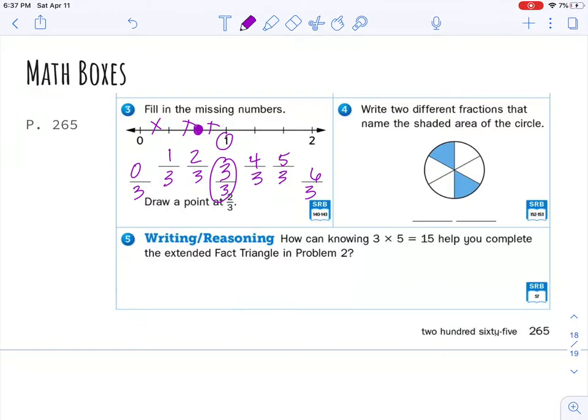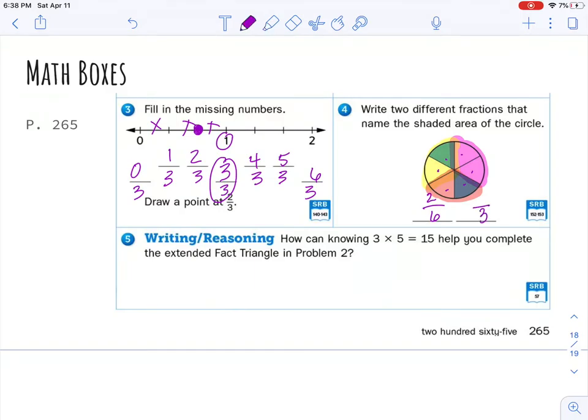All right, write 2 different fractions that name the shaded area of the circle. So first I see that there are 6 pieces. And out of the 6 pieces, 2 of them are shaded. So that is 2 sixths. Now, I'm going to combine the pieces so that every 2 pieces is now equal to 1 piece.